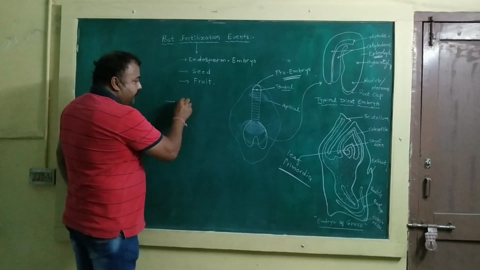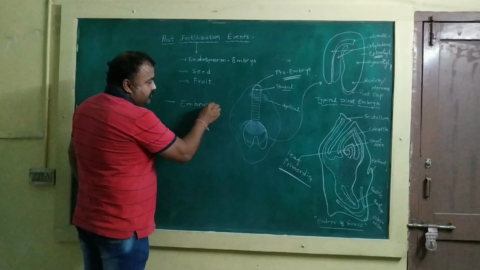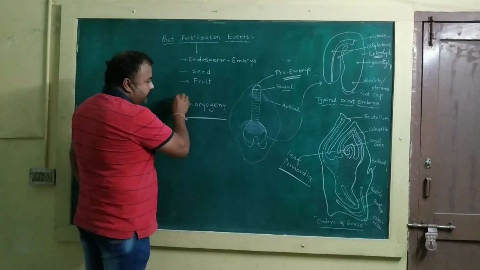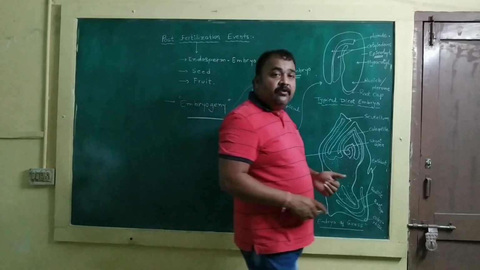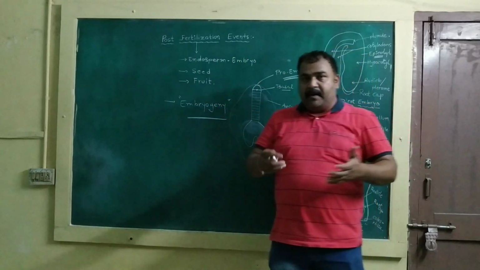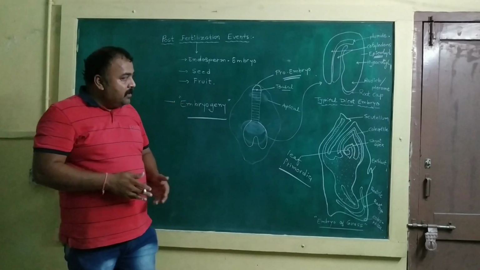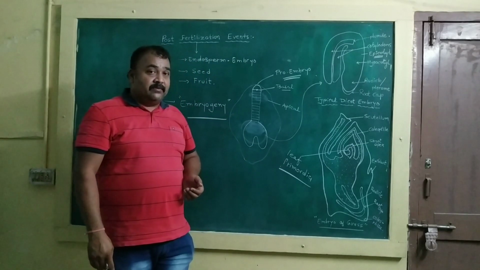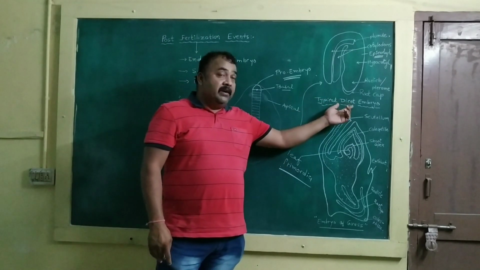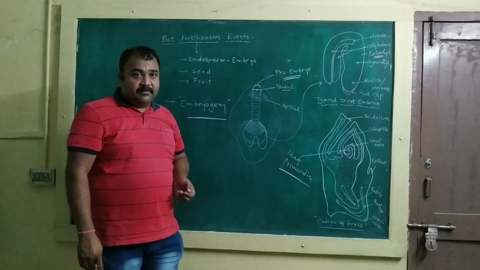And development of embryo is known as embryogeny. So it is quite common in monocots and dicots, irrespective of the plant. And now we have studied the diagrams or the structures of typical dicot embryo as well as the embryo of grass. Right?